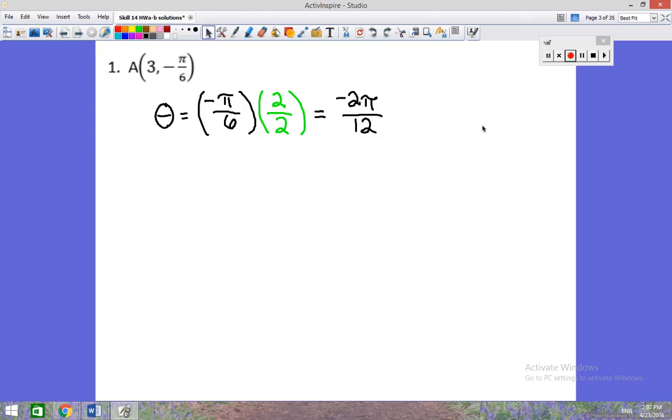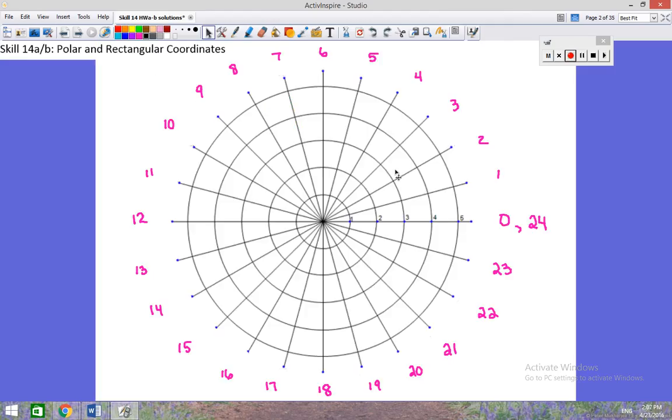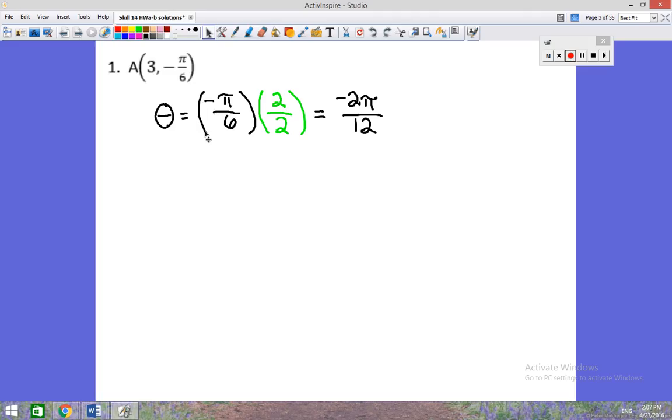What I suggest you do when you're graphing these is take a look at your polar coordinates and work with common denominators. Here, with 24 equal divisions, work with a denominator of 12, because 2 pi radians is one complete circle. So the negative pi over 6, converted to a denominator of 12, is negative 2 pi over 12.